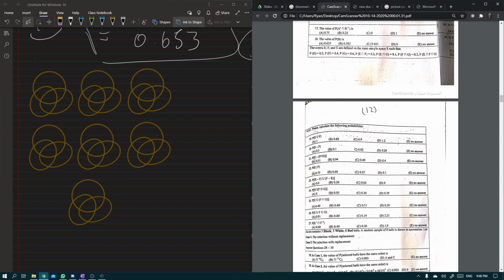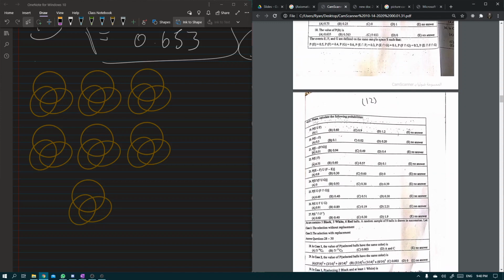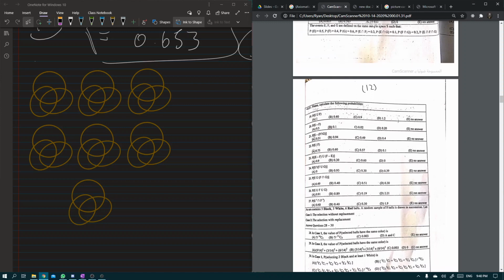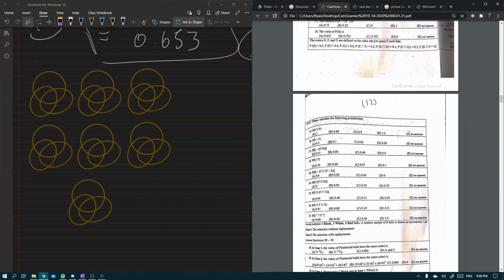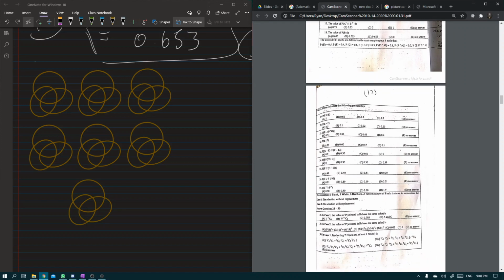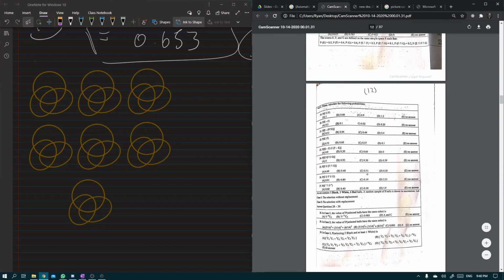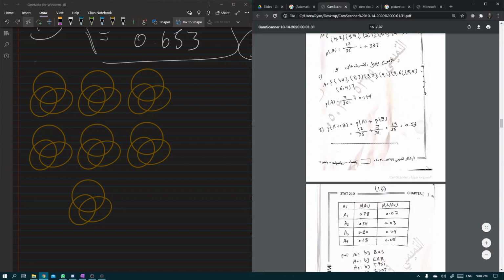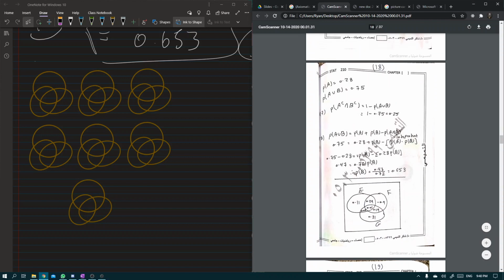Can't even solve. Yeah, we can't solve this one. Maybe it's in the details.